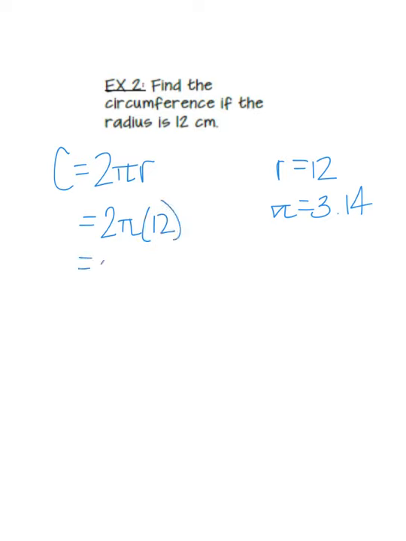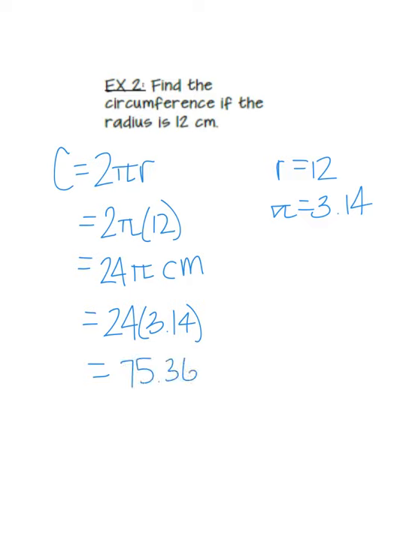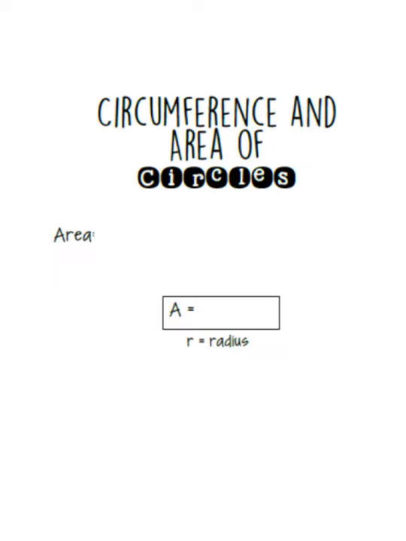The product of 2 and 12 is 24, so we can leave this as 24 pi centimeters. But if we want to know an approximate, like we're measuring it, we're going to multiply 24 by 3.14. So the product of 24 and 3.14 is 75.36 centimeters.